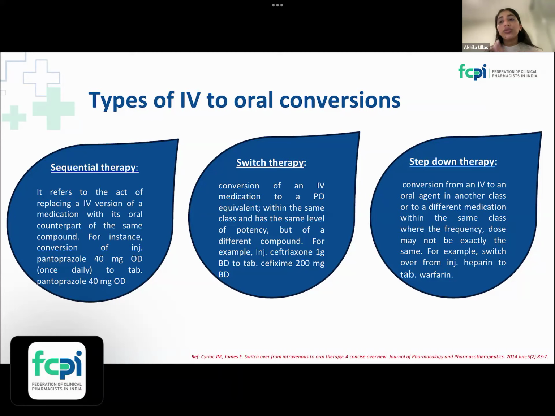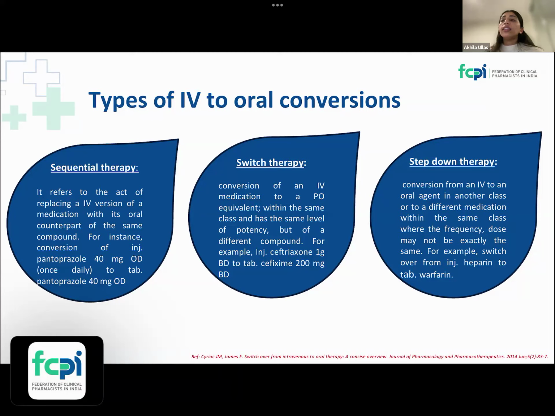And the second one is switch therapy, where you convert the IV medication to an oral equivalent of the same class with the same level of potency, but a different compound, like injection ceftriaxone 1 gram BD to tab cefixime 200 mg BD. This is a different compound, but the same class.